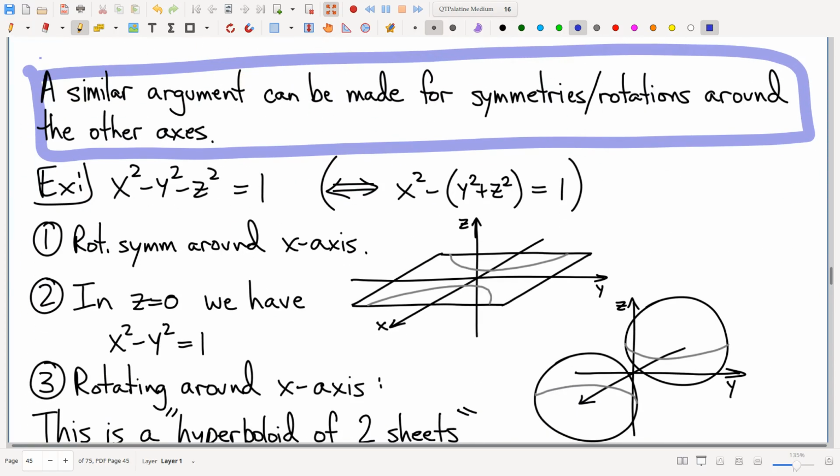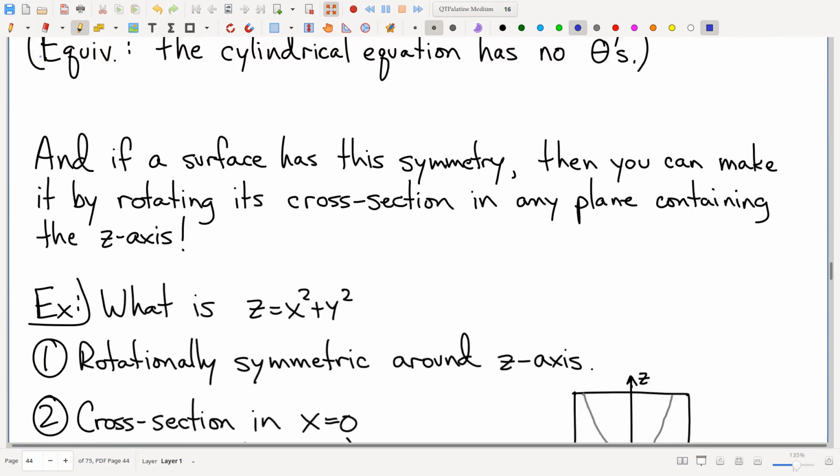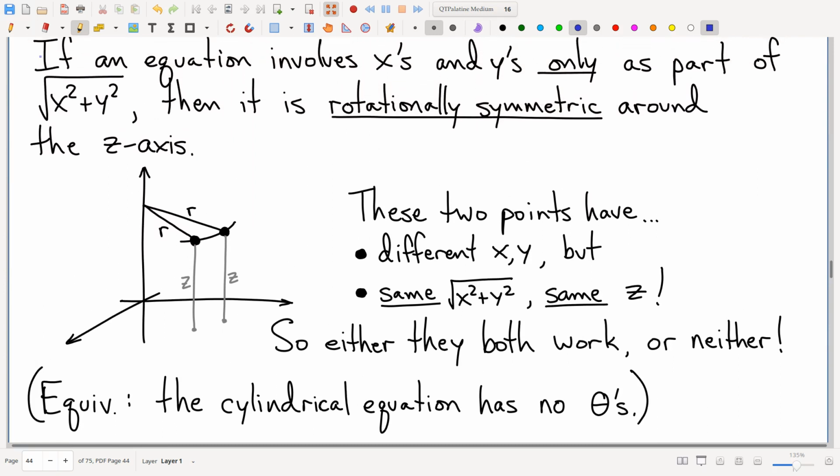Okay, so when x and y appear in the proper form, keeping in mind how our argument went there, the whole point is that this proper form of x and y represents a distance, and when you rotate, that distance is preserved. That's really kind of the point, right? So let's suppose I were to take this same idea, and instead of x and y, maybe it's x and z. If x and z appear in the special form, now you're talking about distance to the y-axis.